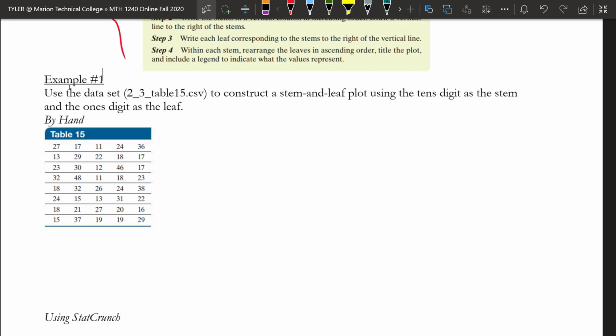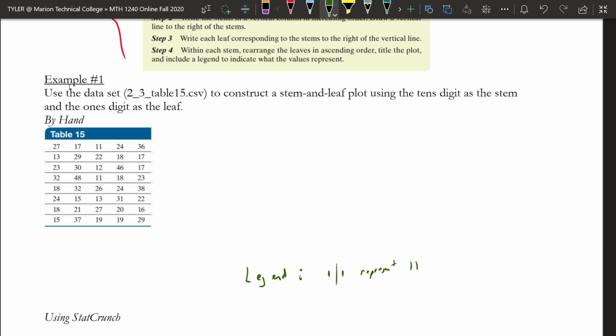The first thing we want to do is make a legend. For this data, what makes sense is to do 1, then a line, where 1 | 1 is going to represent the number 11, as an example.